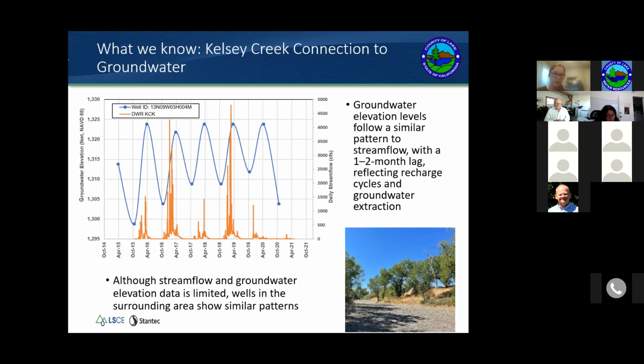So even though monitoring wells aren't present, we can see this pattern where the wells are following the stream bed. There are some other wells located in the surrounding area. This one was used as an example just due to its proximity, but there are other wells in the area that show a similar pattern: when Kelsey Creek is high, so are the wells.